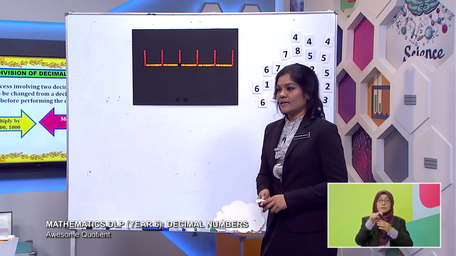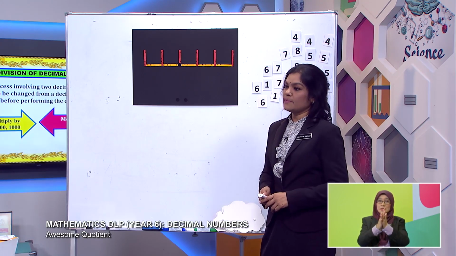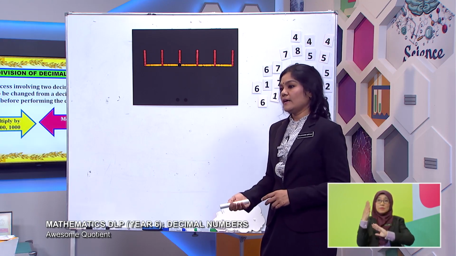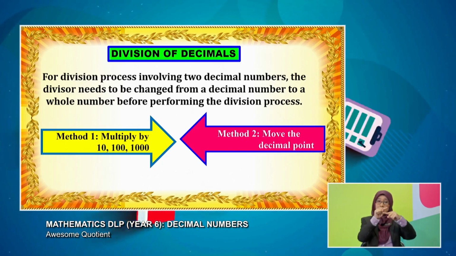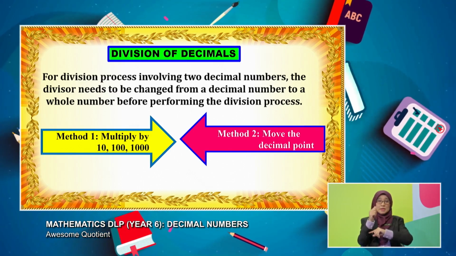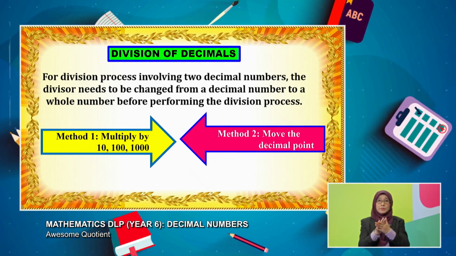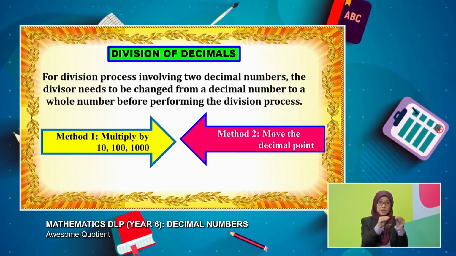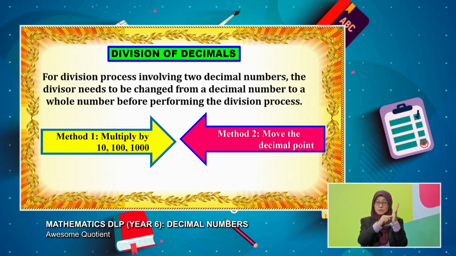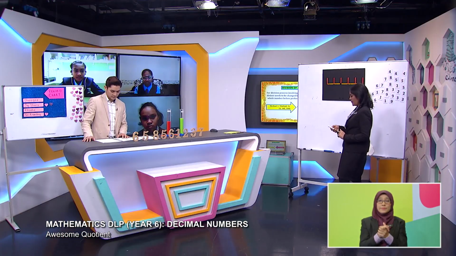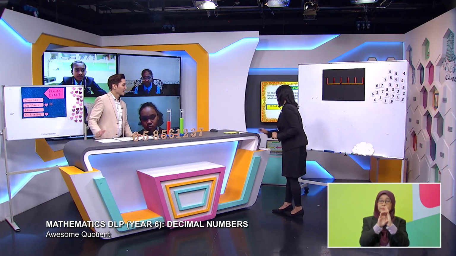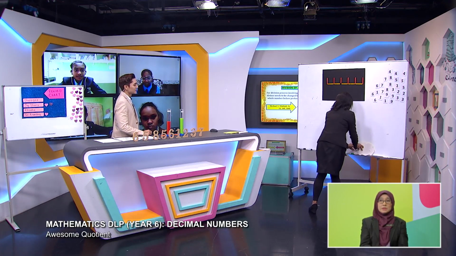We have two methods here. Method 1, multiply by 10, 100 and 1000, multiples of 10, based on the question. Method 2, move the decimal point.